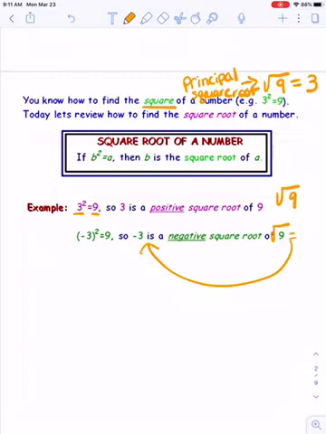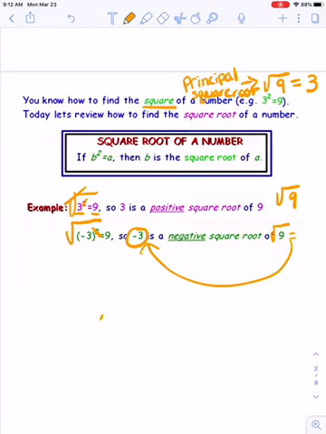Because if squares and square roots undo each other, we should get negative 3 here. So what we're going to see today when we're doing equations is that when I take the square root of something, I'm going to get a positive and negative answer.